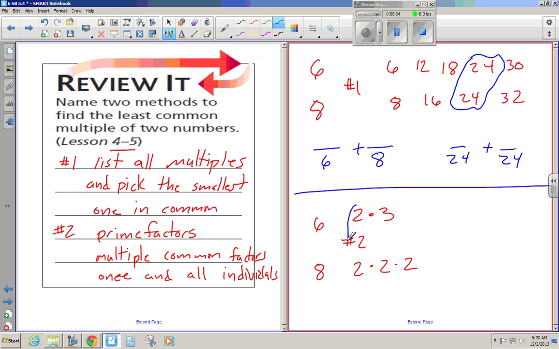So here's a common factor once, so it'd be 2 times, and then you multiply all of these together. So it'd be 2 times 2 times 2 times 3, which ends up being 24, which is the same as we got up here. Now, this is probably a little bit harder, but once you get the hang of it, will be less time and less work.